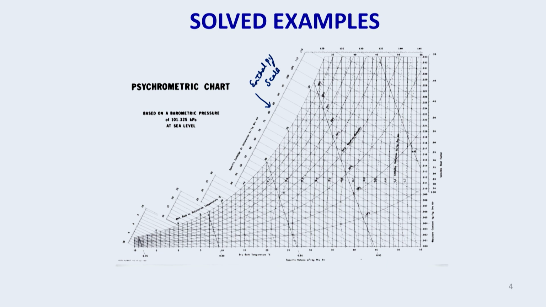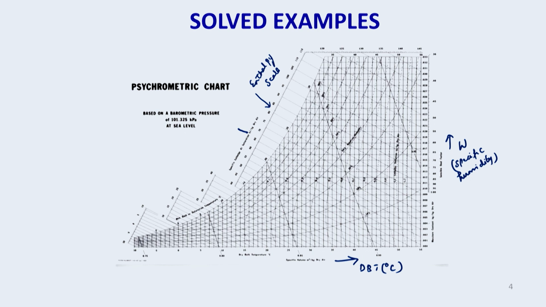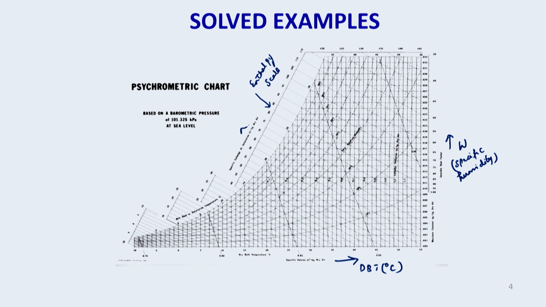The x-axis is the dry bulb temperature in degrees centigrade, and the right hand side y-axis is the specific humidity, W. This is the 90% curved line, 90% RH.